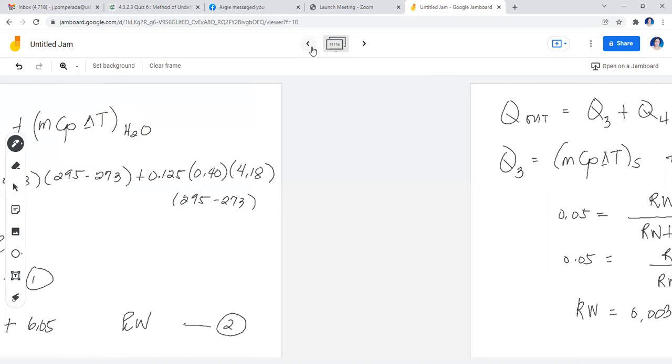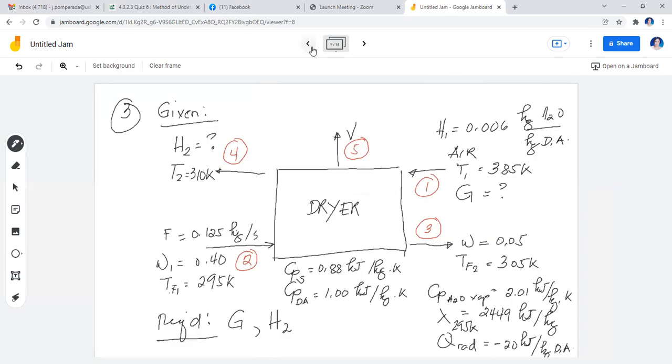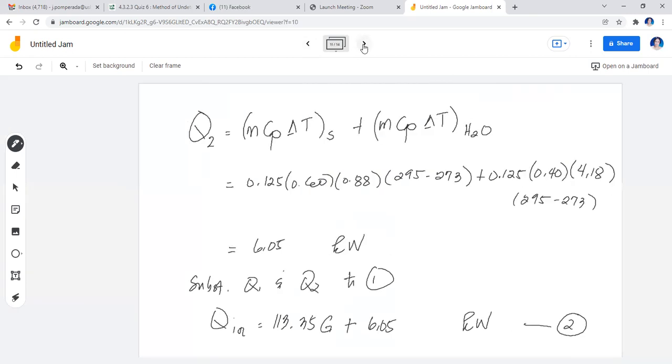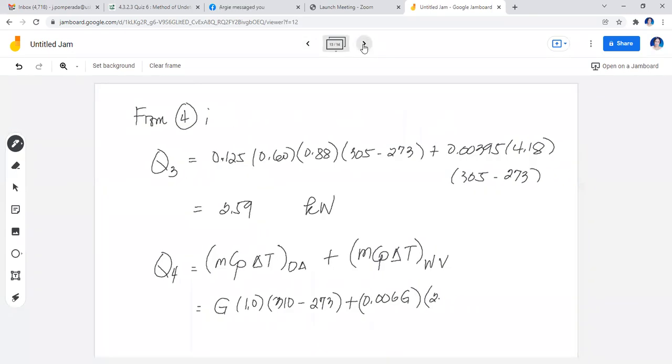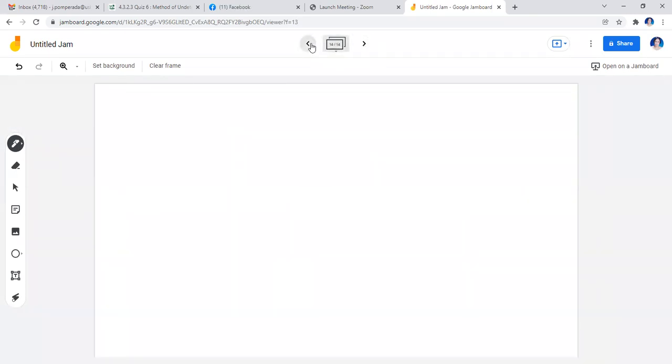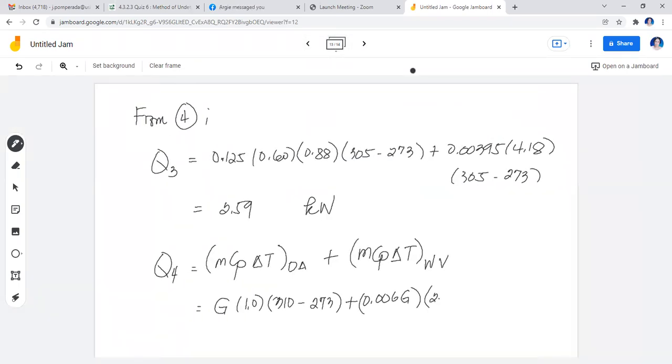I might get it wrong. Water vapor, 2.01. You have 2.01 and you have a temperature of 310 minus 273.